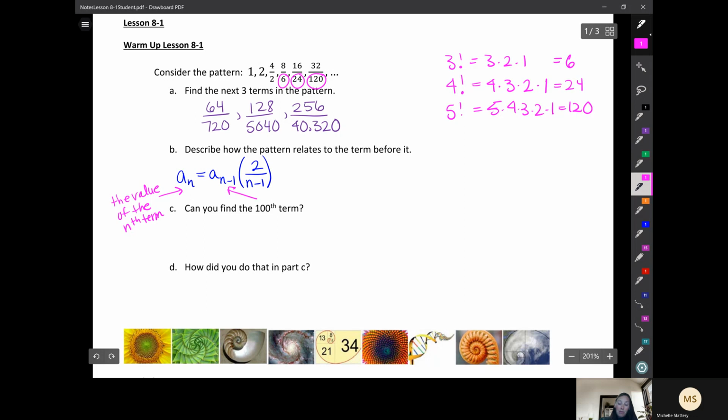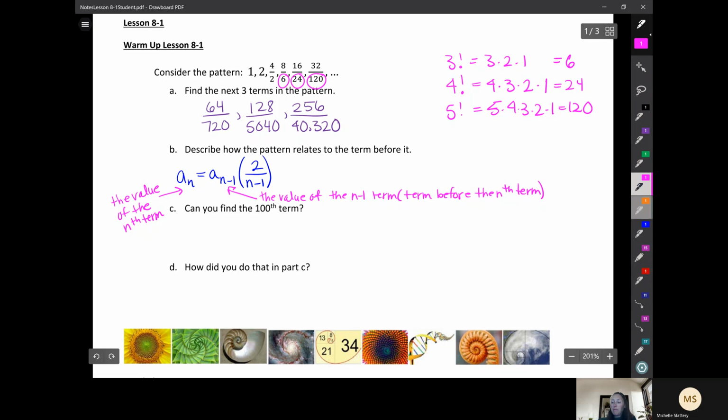And this here represents the value of the n minus 1 term, which is the term that's before the nth term. So you want to familiarize yourself with this notation if you're not familiar with it already, but you should have seen it last year in Algebra 2, and you should be familiar with it.